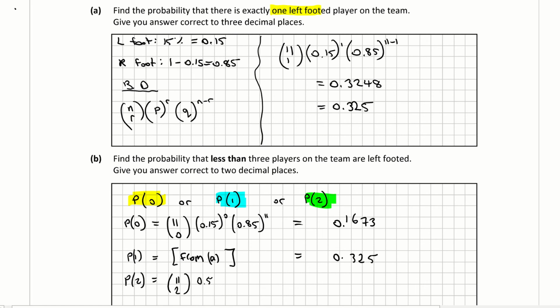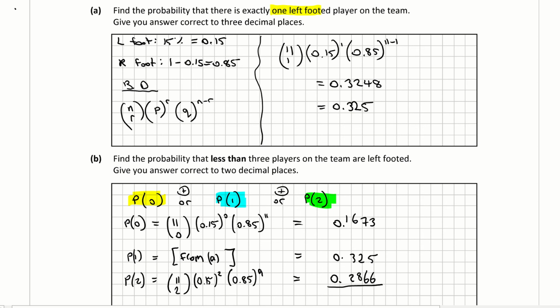And probability of being left-footed is 0.15 to the power of 2 times 0.85 to the power of 11 minus 2, which is 9. And on my calculator, that evaluates as 0.2866. I then add those 3 because or in probability means to add.